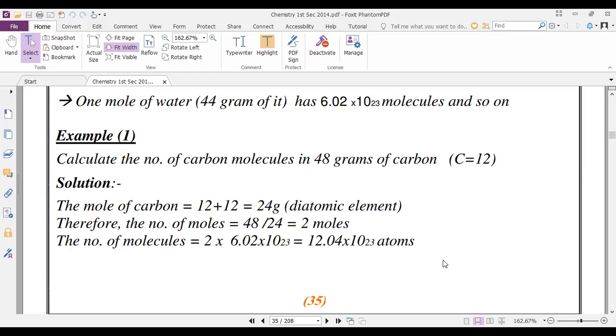The mass of substance equals 48 grams, and the molar mass of carbon as a diatomic equals 24. So 48 over 24 equals 2 moles.